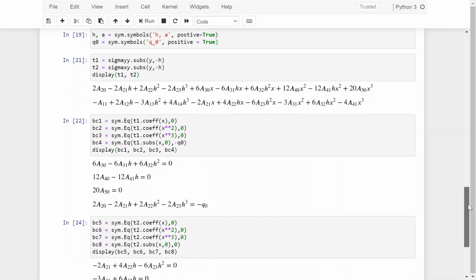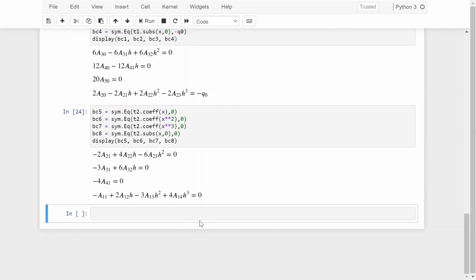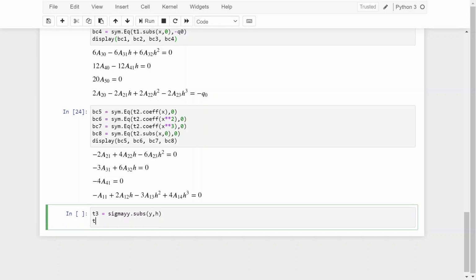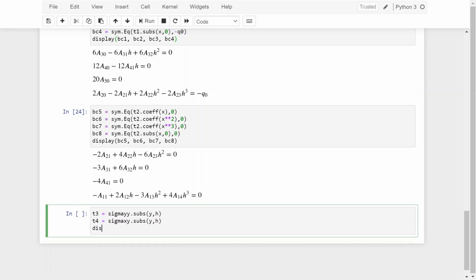For the bottom edge where y is equal to h, we have to separately write this down as T3 and T4. So T3 will be sigma yy dot subs y comma h, and T4 will be equal to sigma xy dot subs y comma h. And again we can display these things just like before. We don't have to, but just to see.